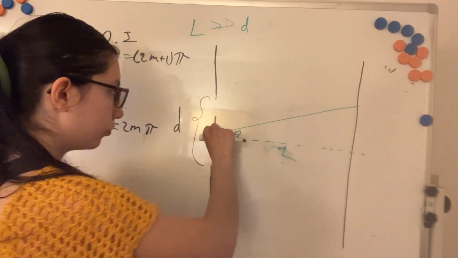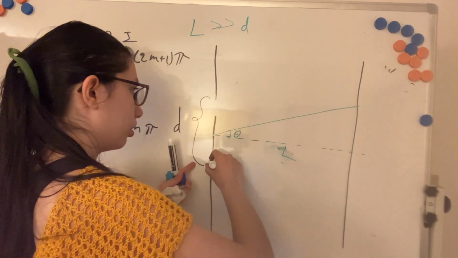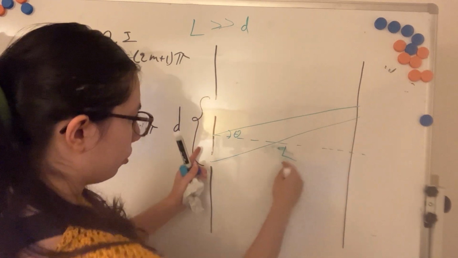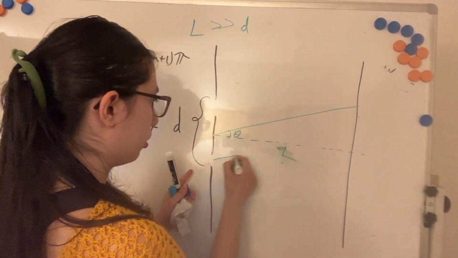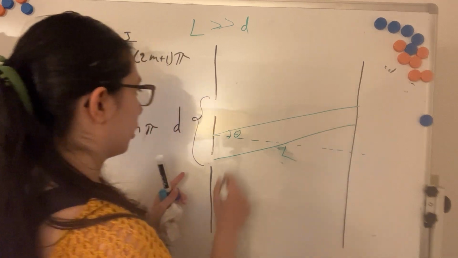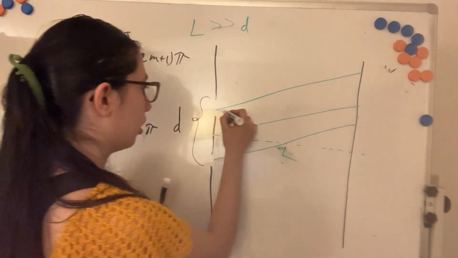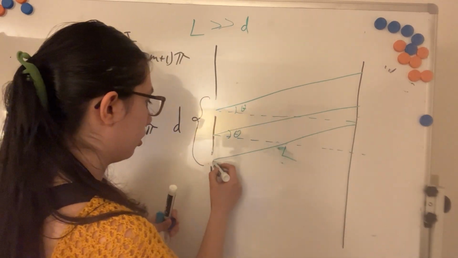So we can translate this also to here. Oh, it does not look too much like patterns. Let me do it again. Yeah, something like that. All this is theta.